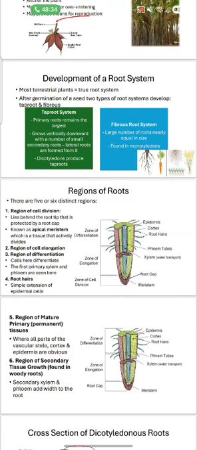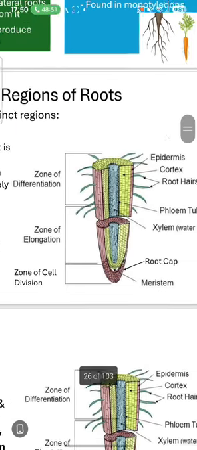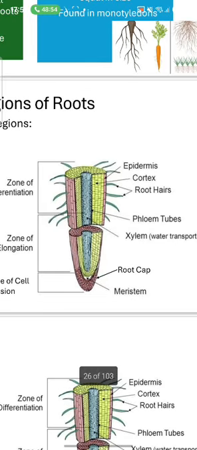Okay, so the entire top half is called the zone of differentiation, which includes, so you see the outline, you see where every outline ends. That is called epidermis. The inside is called the cortex.